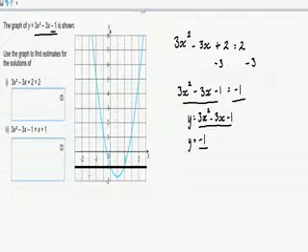Okay, y equals minus 1 here, y equals minus 1 here, y equals minus 1 here. The x values are going up and down like crazy, but the y value anywhere on this line is minus 1. Now I can see that the line crosses here and here.